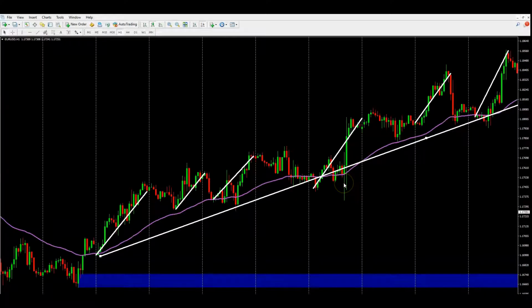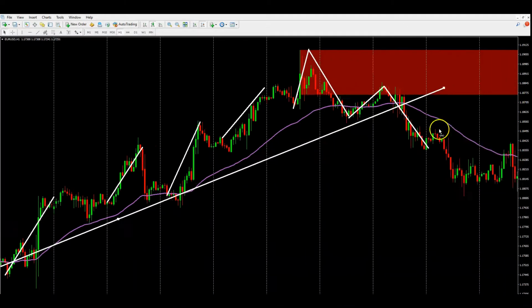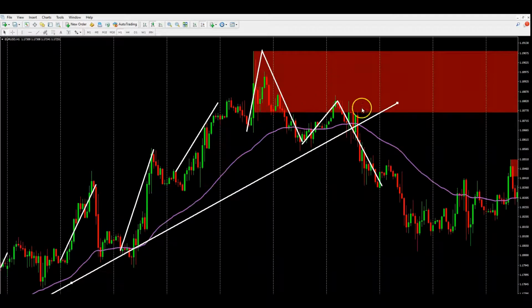Nevertheless, you have to wait for price to close. You have to wait for these candles to close. Price is above it. Still above it. And once you reach the supply zones, you already know what you're looking for, right?